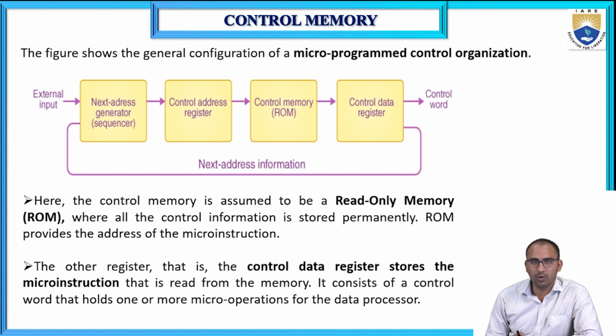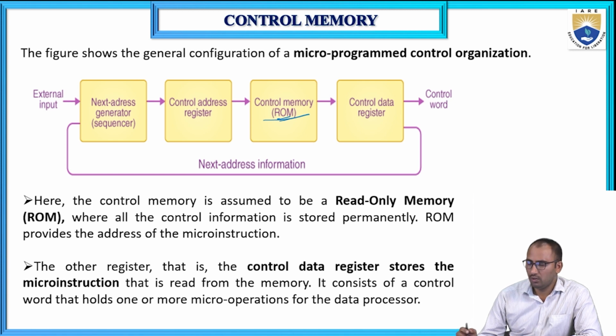That microprogram will be stored in the control memory. So ROM can be considered as the control memory. Control memory is nothing but the memory which is present inside the control unit. That is called control memory.